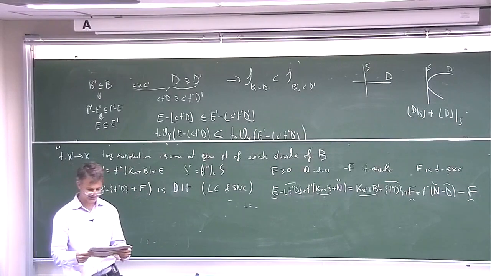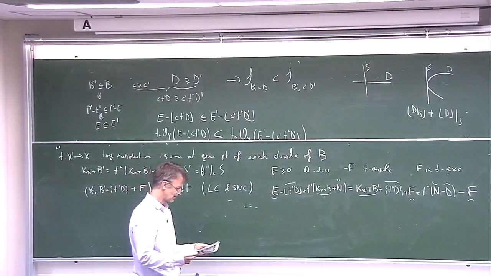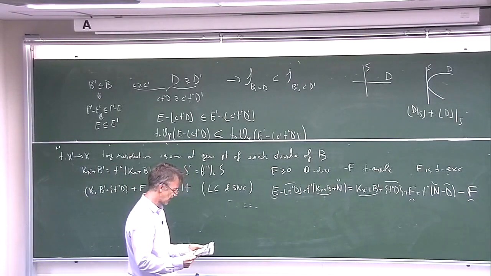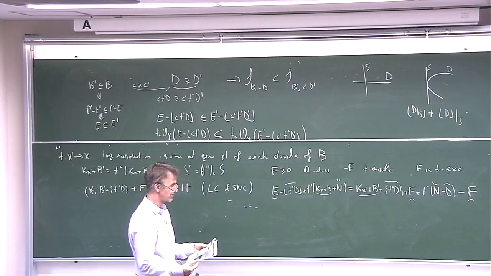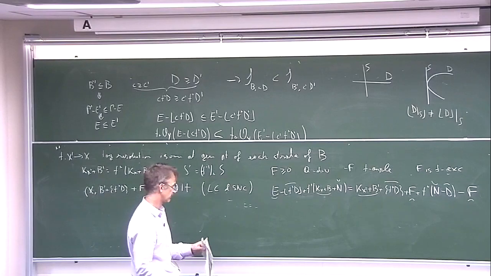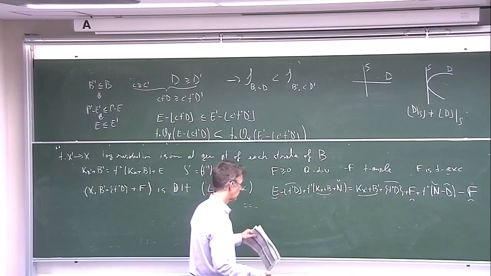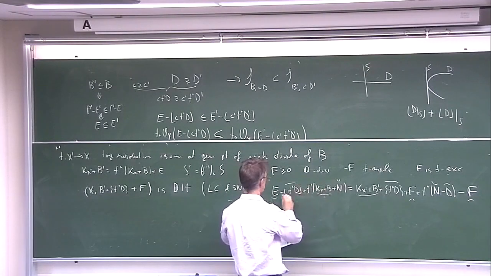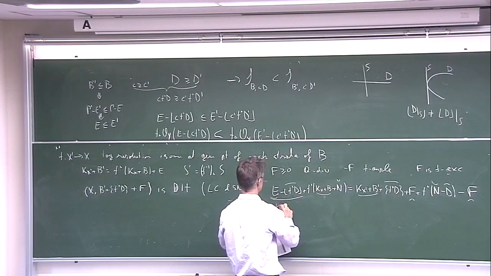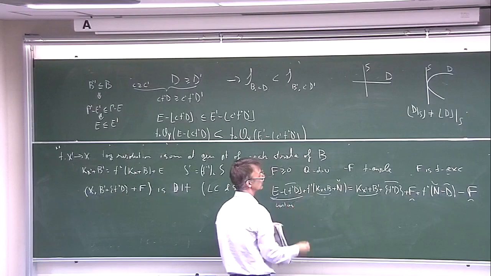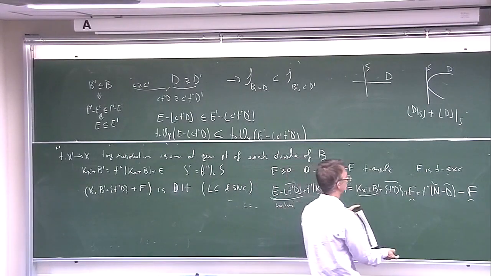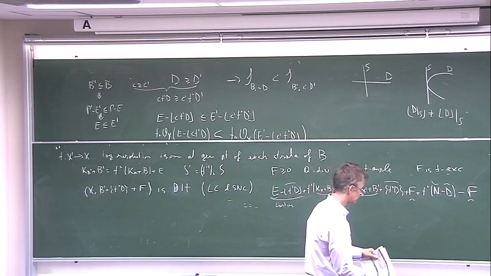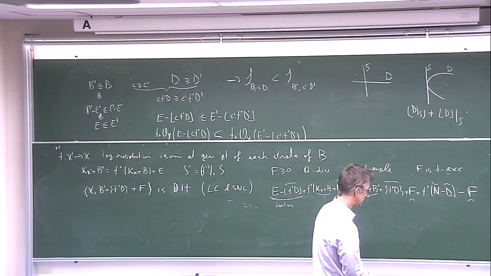If they're exactly the same, why do I bother rewriting it? Well, because I'm supposed to now observe that something is nef and big or ample, and I can apply Kawamata-Viehweg vanishing. So this is my Cartier divisor.